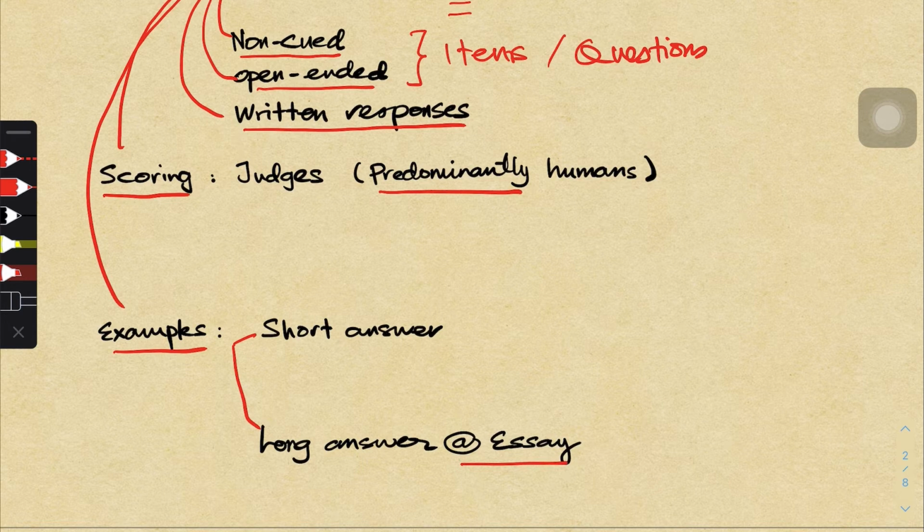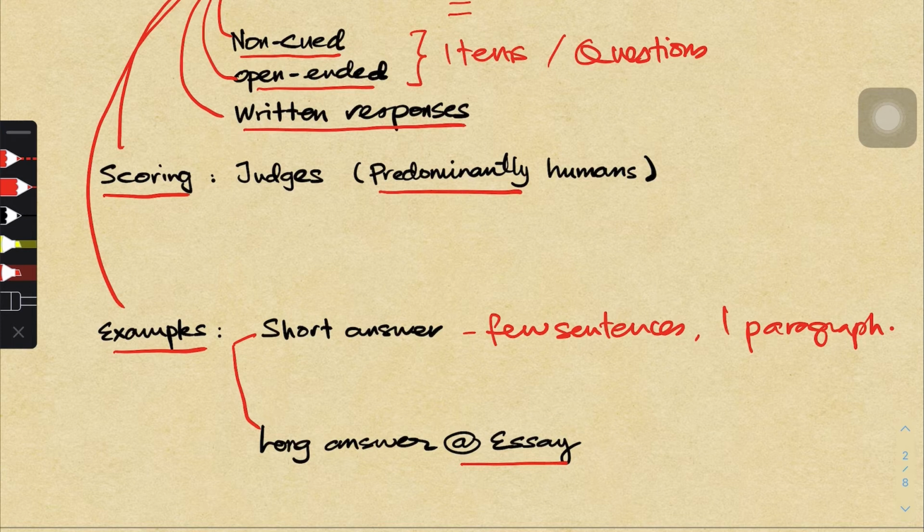I think they are quite obvious. Short answer may be a few sentences, one or two, or maybe just one short paragraph, not a long paragraph. Whereas a long answer takes about pages, maybe a maximum of 5 pages.